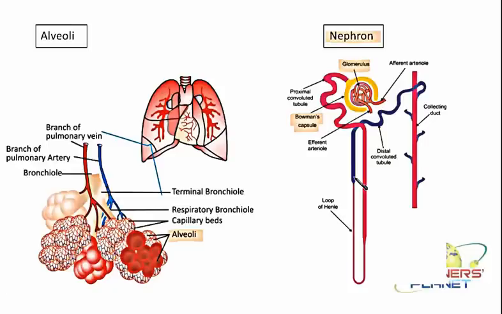That transportation is possible only through the blood in human beings or in the higher organisms, right? You must be knowing that whether it is alveoli or nephron, these units are richly supplied with blood capillaries.